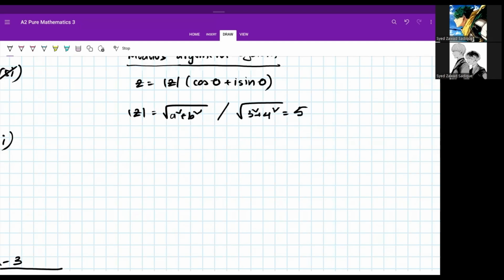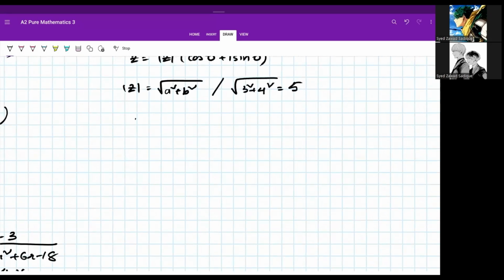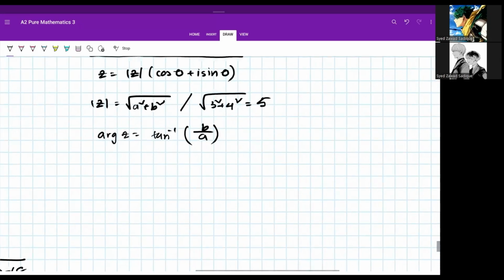And arg z is equal to tan inverse of b over a, where b is the imaginary part of z and a is the real part of z.